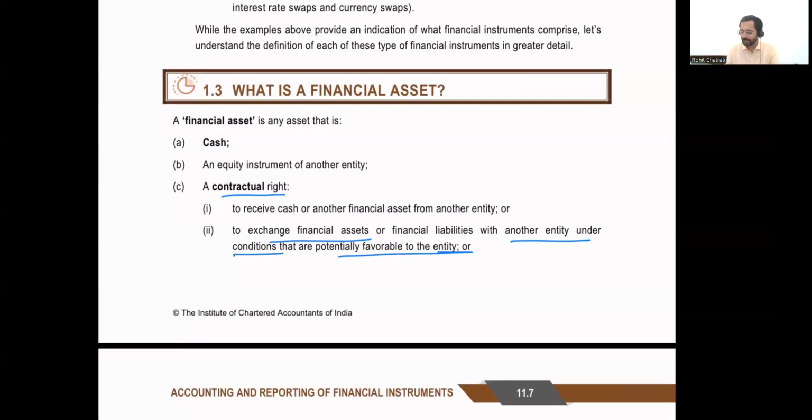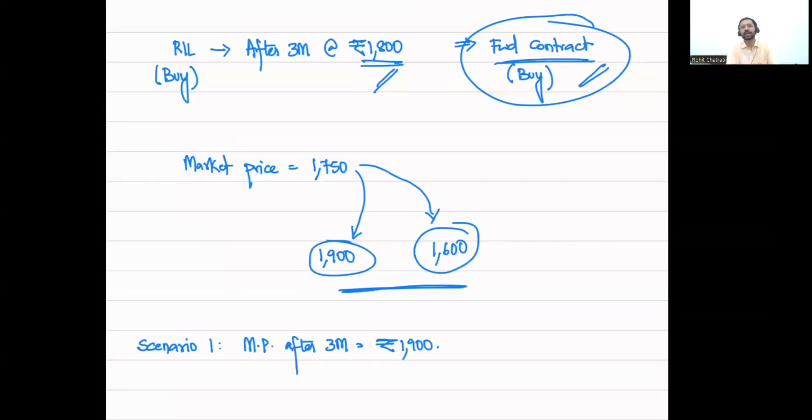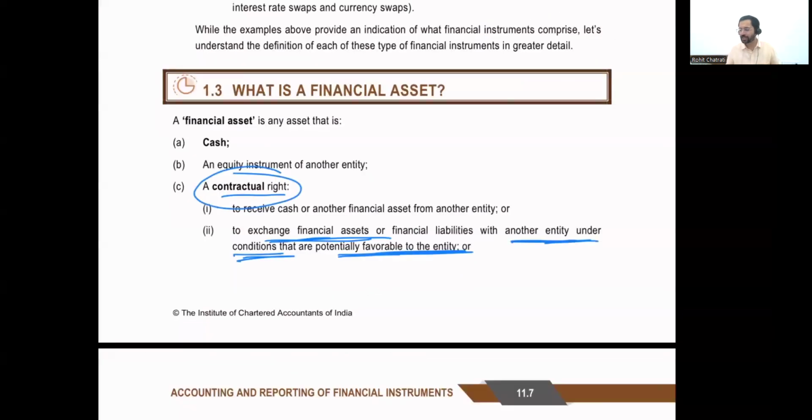What it is saying is, any contractual right where I can exchange financial assets with another entity under conditions which are favorable to me. If you apply this definition to the current scenario, I am under a favorable condition because I am paying 1800, but I'm receiving a share which is worth 1900. So I have a right to receive a financial asset.